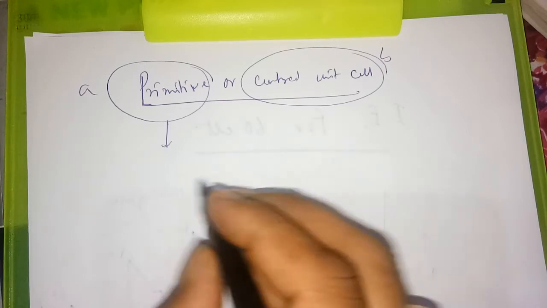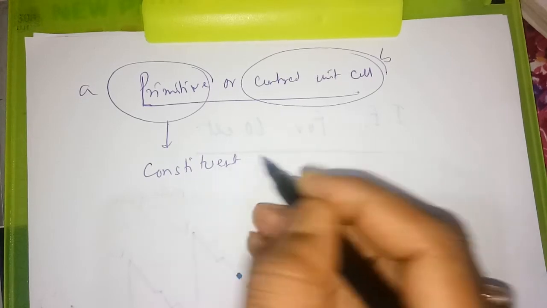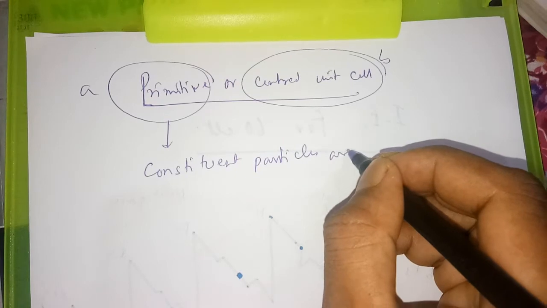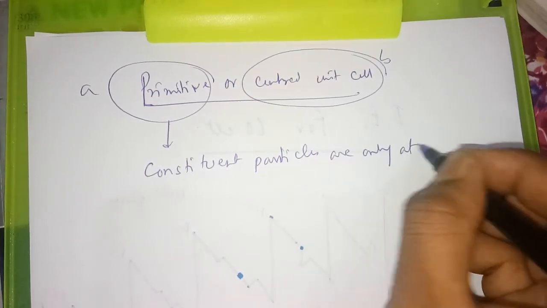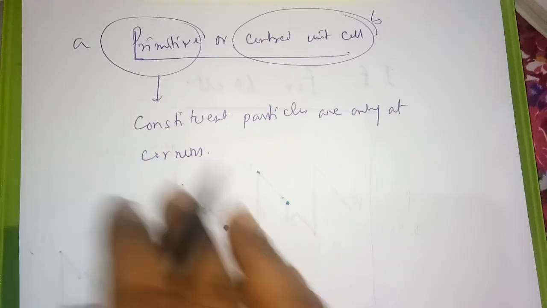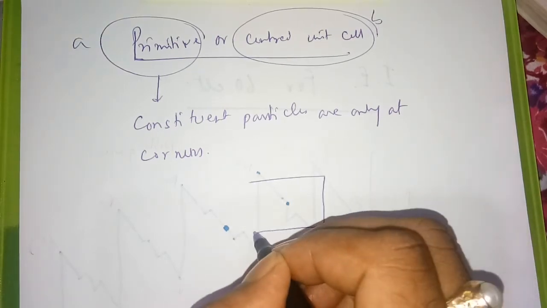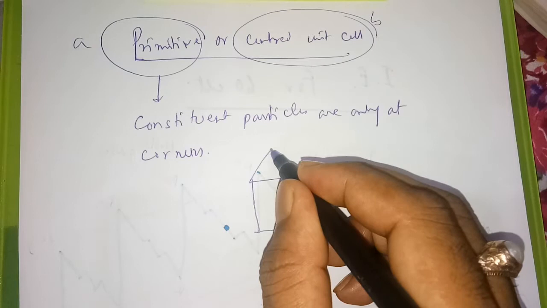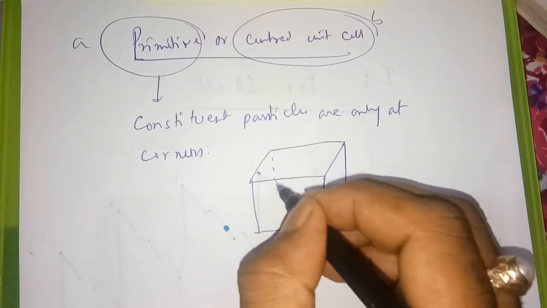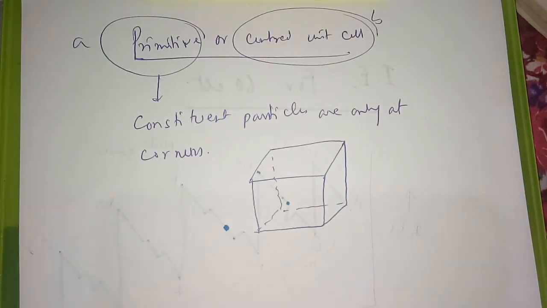In primitive, constituent particles are only at corners.